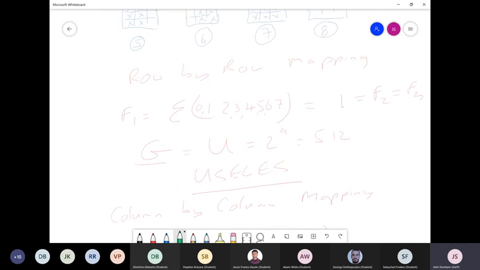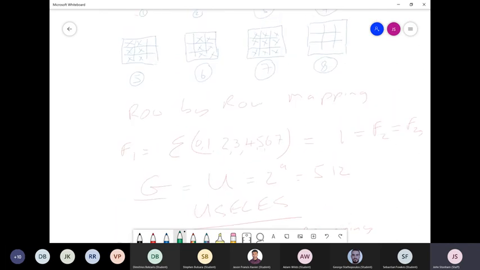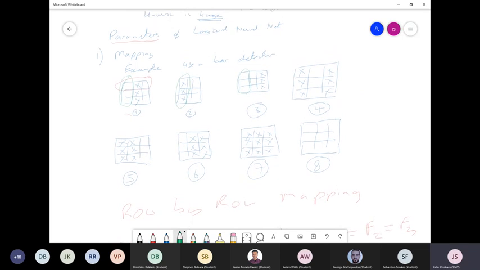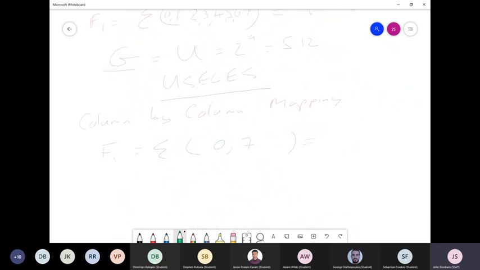And because it's a symmetrical training set, we're going to get exactly the same functions for F2, the middle column, and F3. So we can say that also equals F2, and that equals F3.